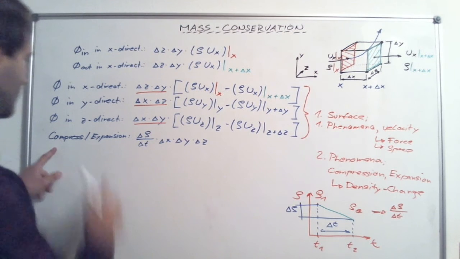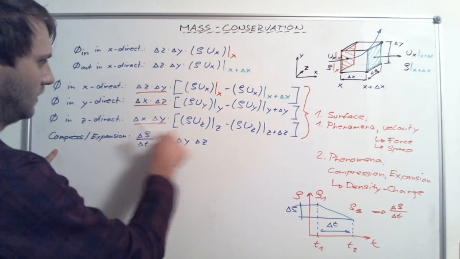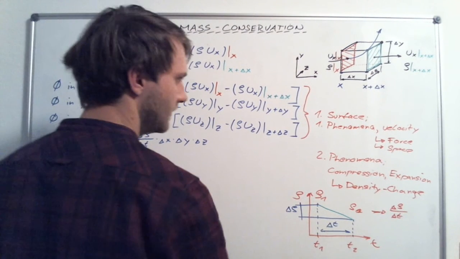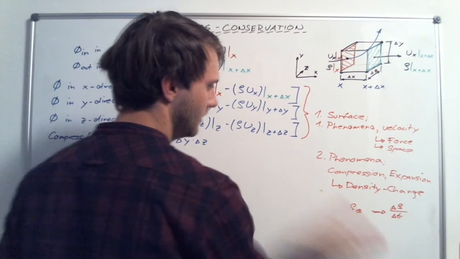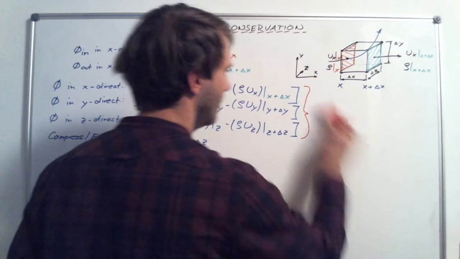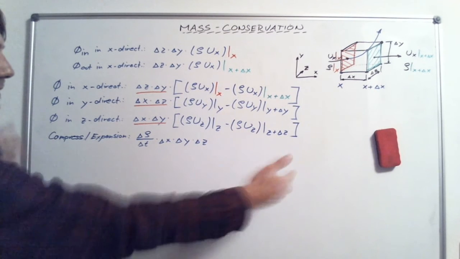And of course for compression and expansion we also have this time derivative, but it will also change the density inside our convective terms, or flux terms. We don't need this anymore, and we will sum up everything, so we have everything together.